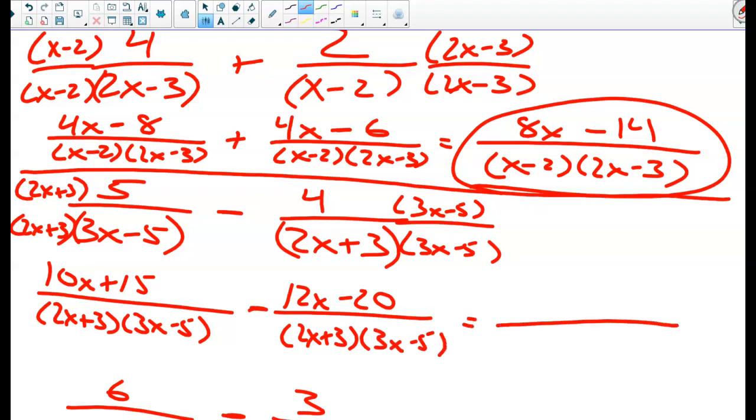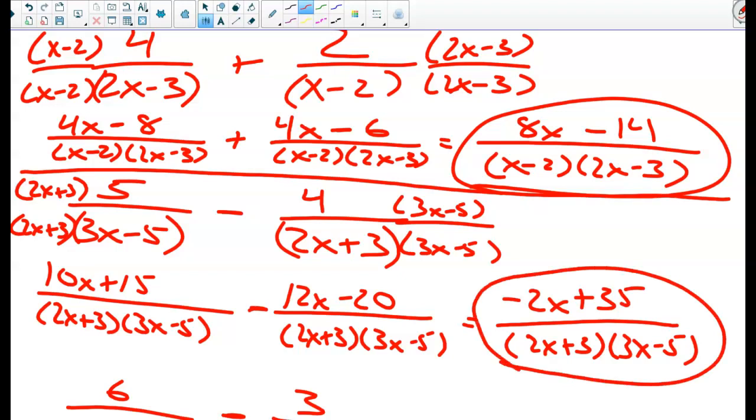And that equals, we have a common denominator, 2x plus 3, 3x minus 5. On the top, 10x minus 12x, negative 2x. 15 minus a negative 20 is plus 35. And that's our answer.